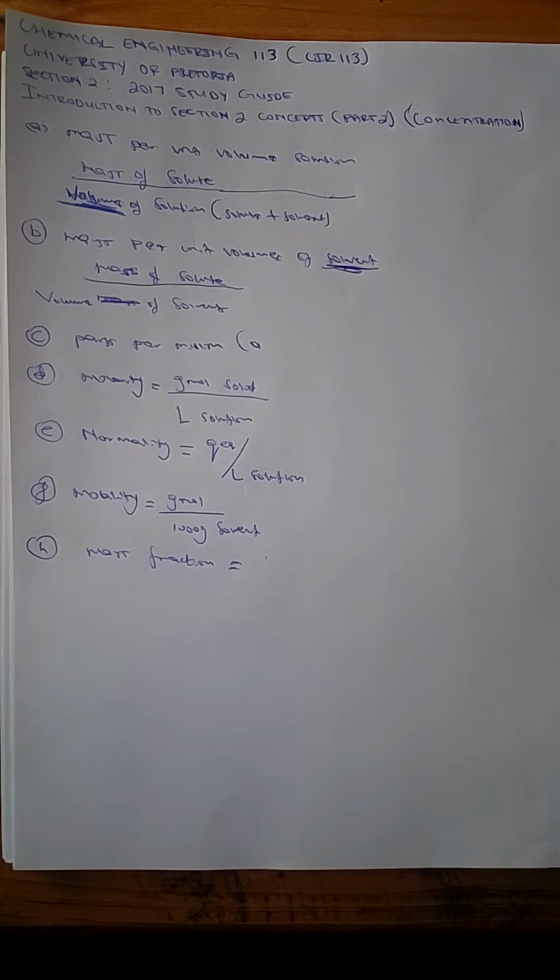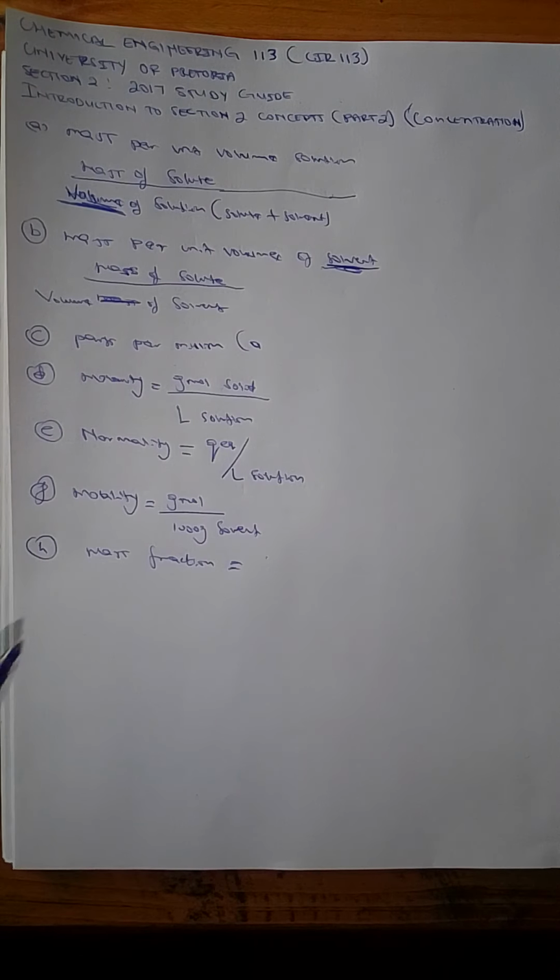Mass fraction most of the time works when you have different compounds or different elements in one container, and you have the mass of one compound, or rather the mass of all the compounds, and then you need the fraction or the percentage.